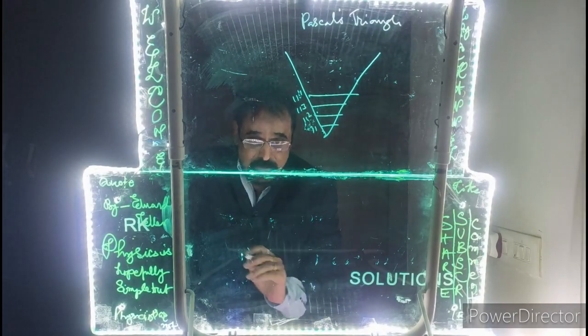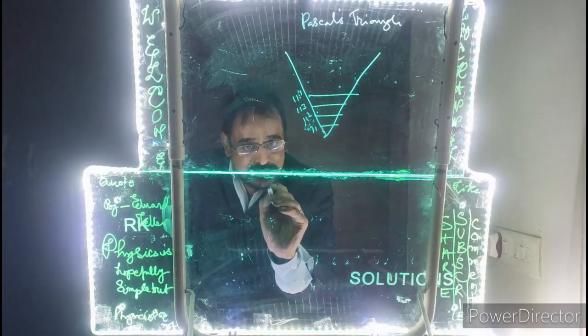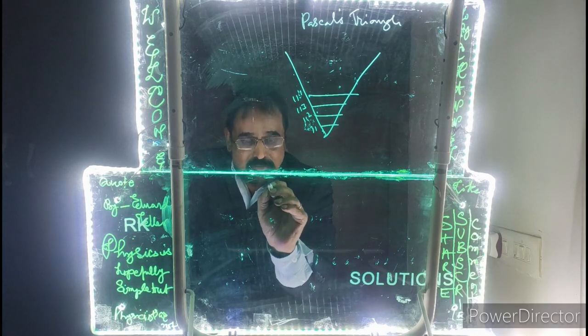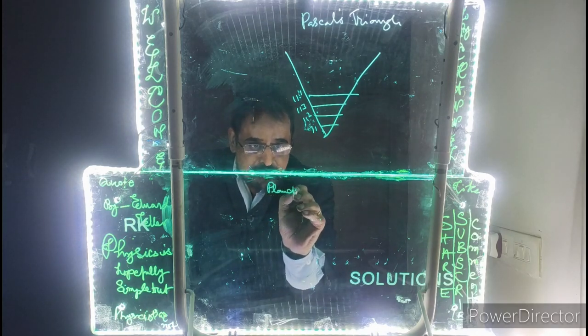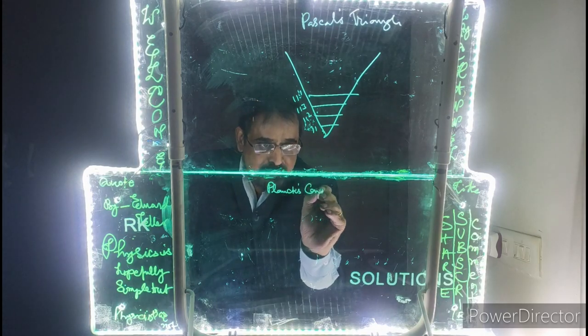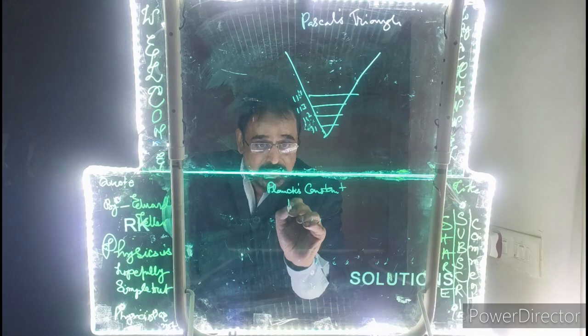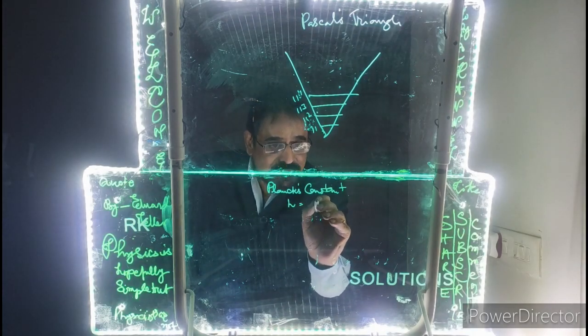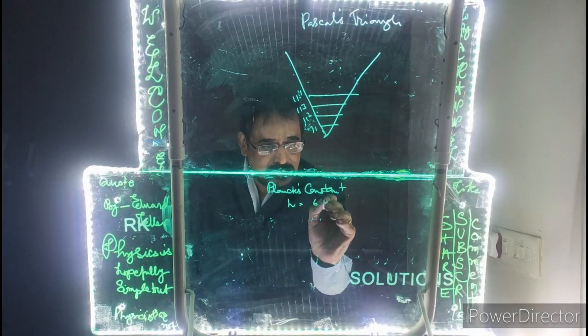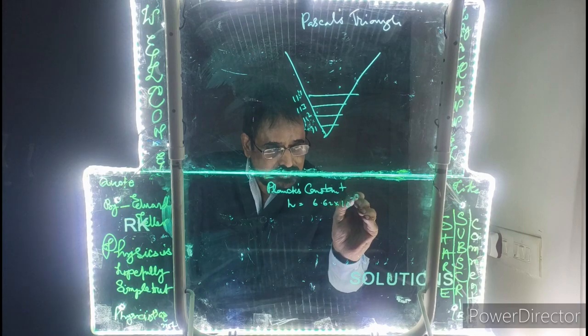And then there's an interesting observation I came up with long back, that is Planck's constant. h is given by 6.62 into 10 raised to minus 34 something.